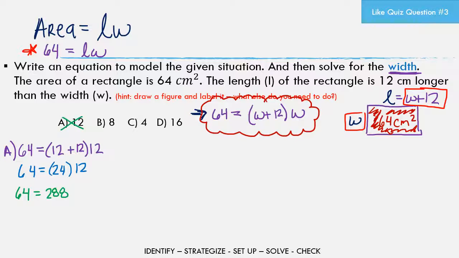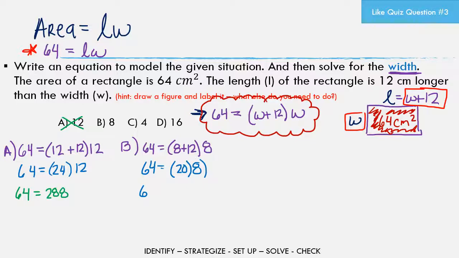So let's go ahead and look at B here. Now we're going to plug in 8. Is 64 equal to 8 plus 12 times 8? Oh, we don't need that extra little parenthesis there. Is 64 equal to 8 plus 12, so 20 times 8?